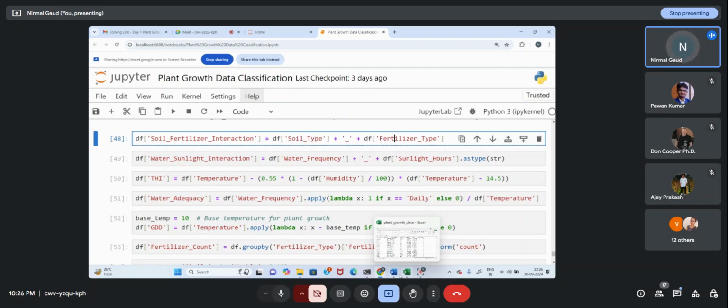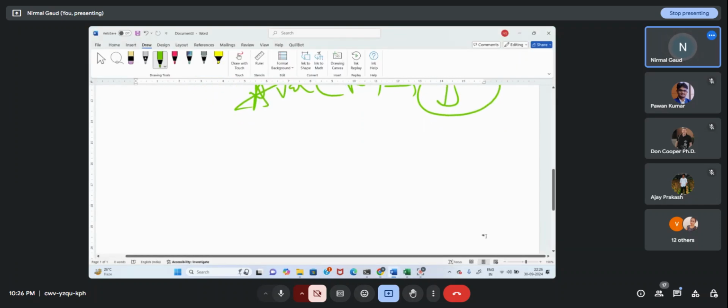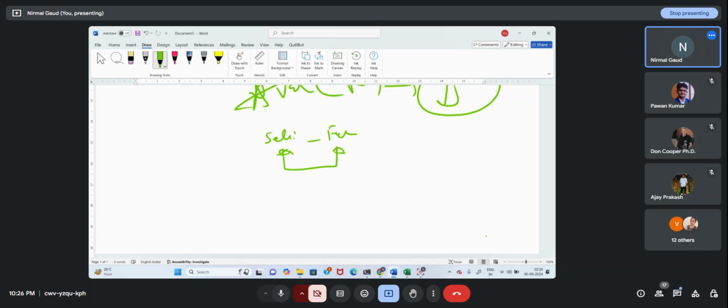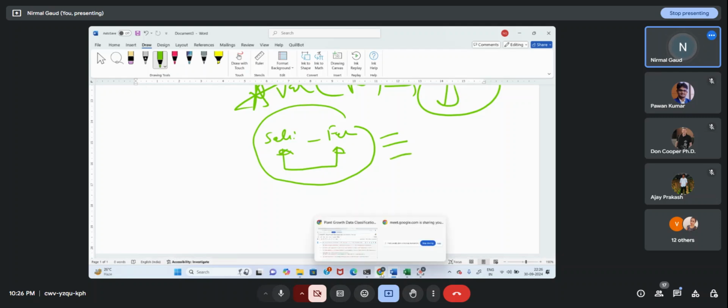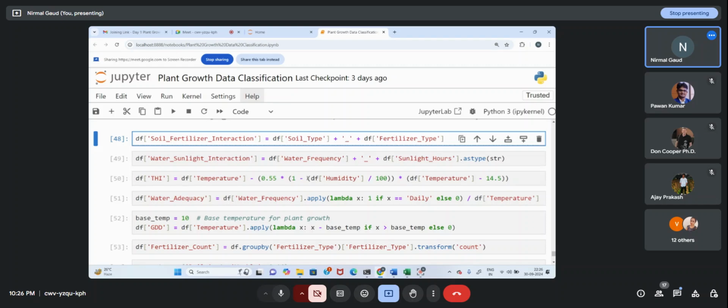Soil and fertilizer, what kind of soil will take what kind of fertilizer? Can we make a feature based upon it? So I made a new feature called soil fertilizer interaction. Okay, I added these, soil type and fertilizer type.